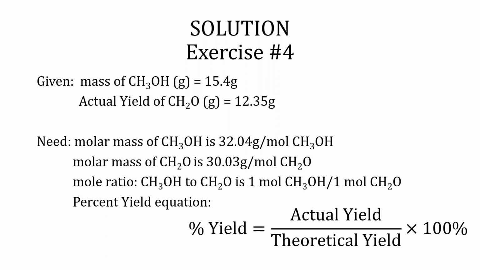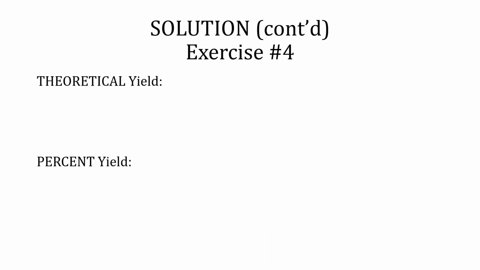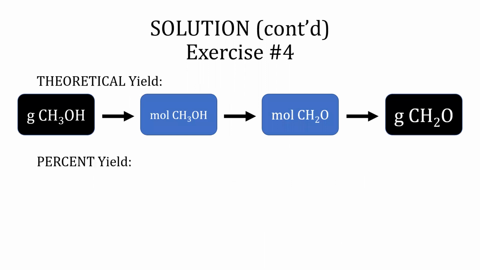To get the theoretical yield of formaldehyde, or CH2O, it begins by taking the mass of CH3OH and dividing it by the molar mass of CH3OH to get moles of CH3OH. Then multiply by the mole ratio between CH2O over CH3OH. And lastly, from the moles of CH2O obtained, multiply by its molar mass to get the theoretical yield.